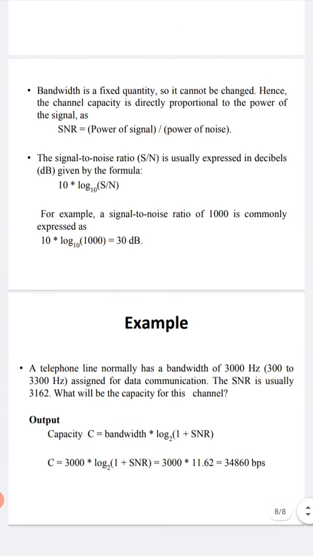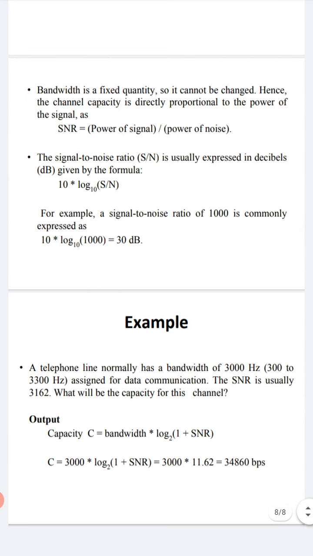Then one example in the noisy channel: a telephone line normally has a bandwidth of 3000 Hz assigned for data communication, and the SNR is usually 3162. What will be the capacity for this channel?